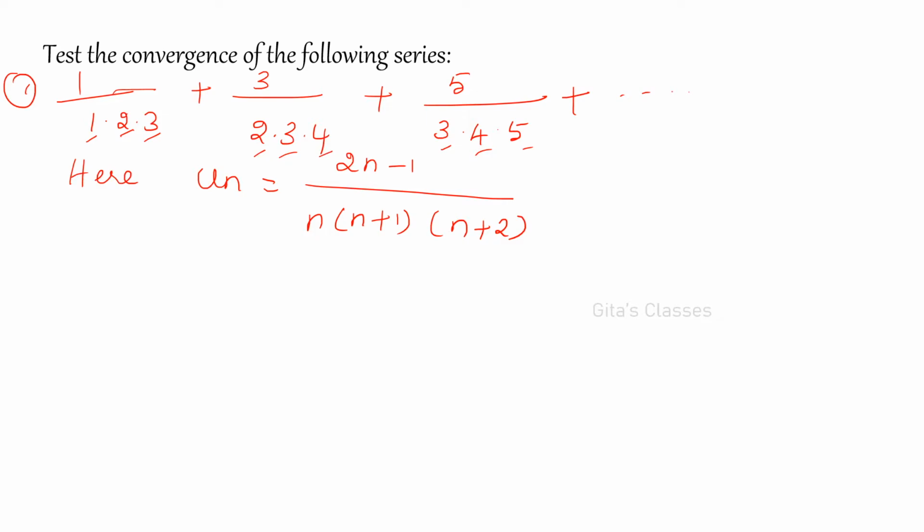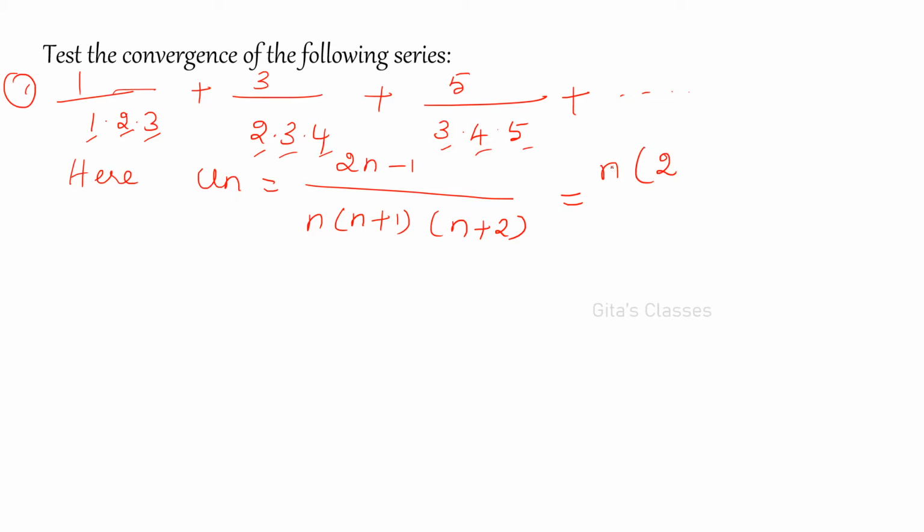Now everything you try to bring, and here how we are going to take sigma n: try to bring the maximum power of n in the denominator outside, and write everything in 1 by n form. In the numerator you have 2n minus 1, so n can be taken outside.